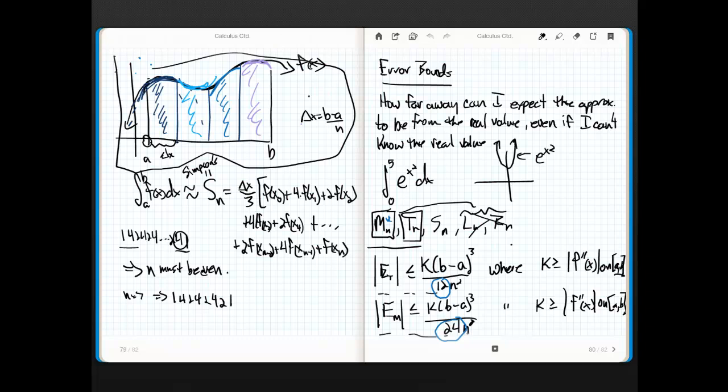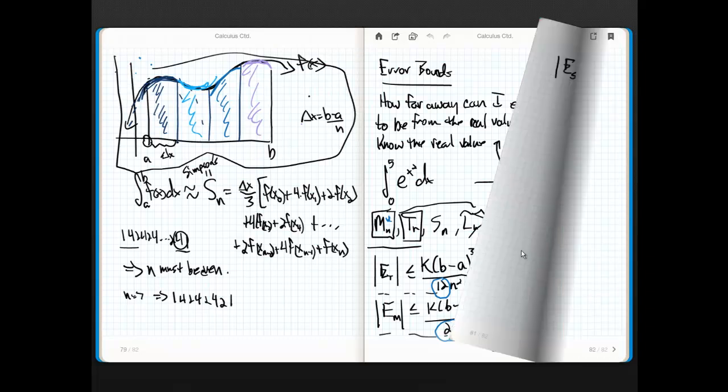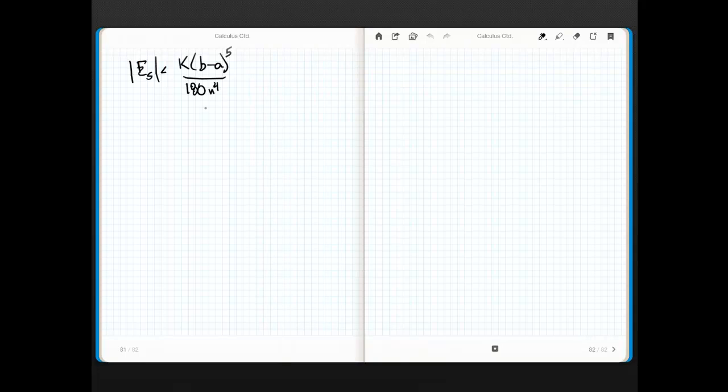Since n is always greater than 1, look what's going to happen. I'm going to end up with 180 in the denominator, n to the fourth rather than n squared. Now you may say, but Ripley, what about this (b minus a) to the fifth? Well, this guy's still going to win most of the time. Most of the time. I guess it'd be an interesting proof to see if it happened all the time.